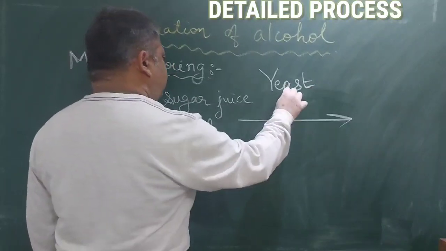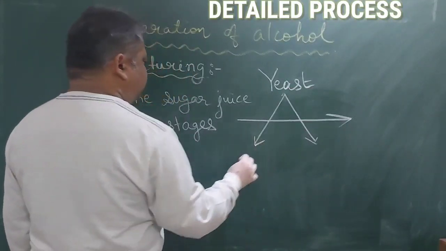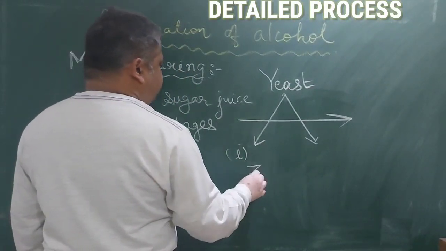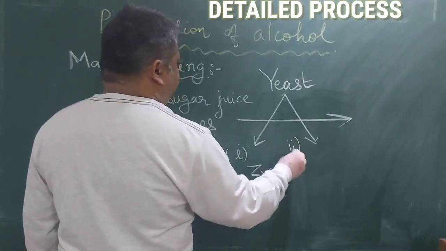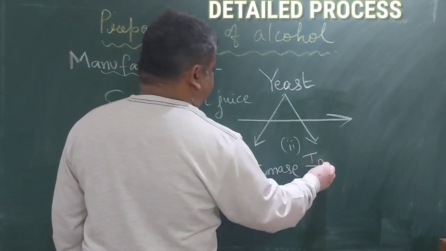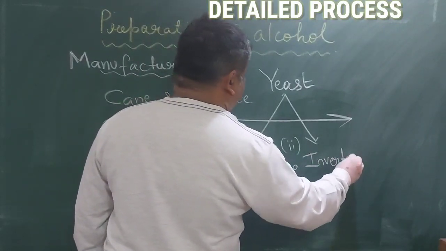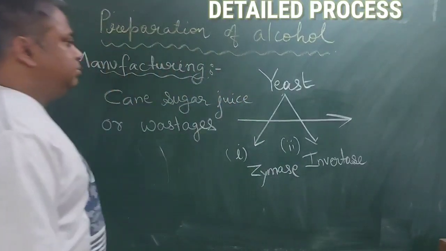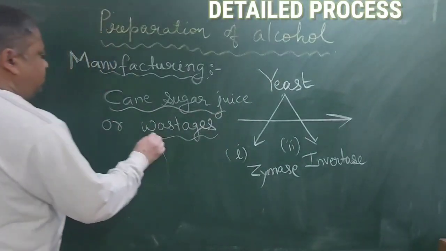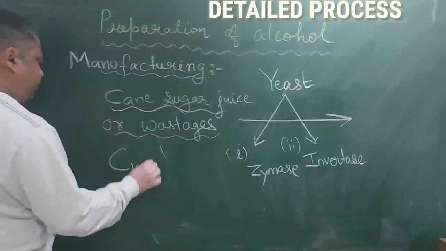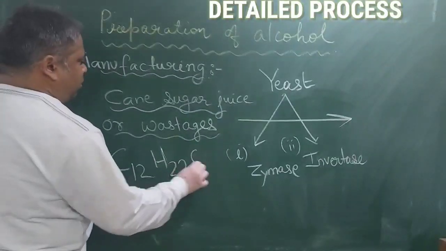Now yeast gives out two types of enzymes, zymase and invertase. So the cane sugar contains C12H22O11.